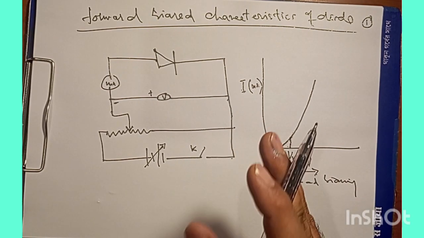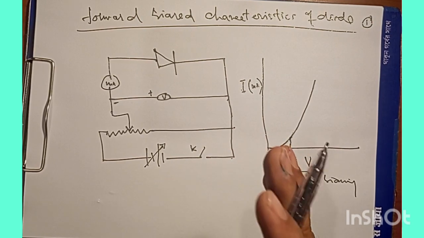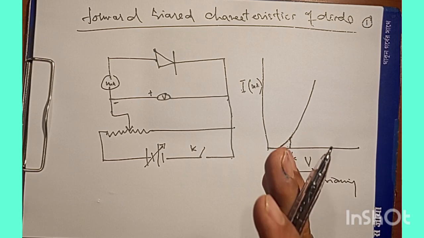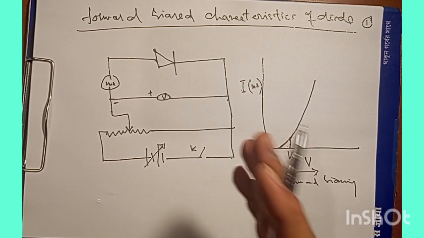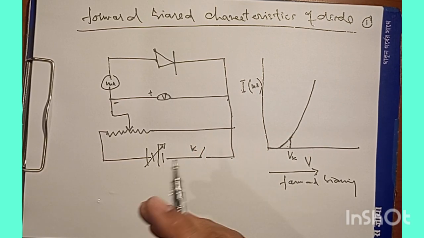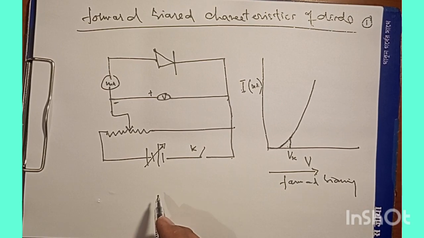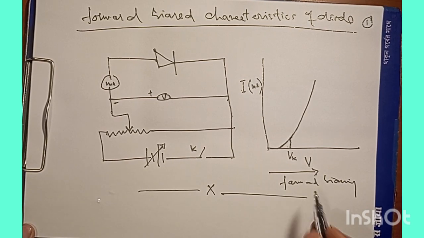One point to bear in mind here is that there is a limit of current that can pass through the diode without damaging it. A high current through the diode produces a large amount of heat, which may damage the diode. So this is our forward biased characteristics of the PN junction.